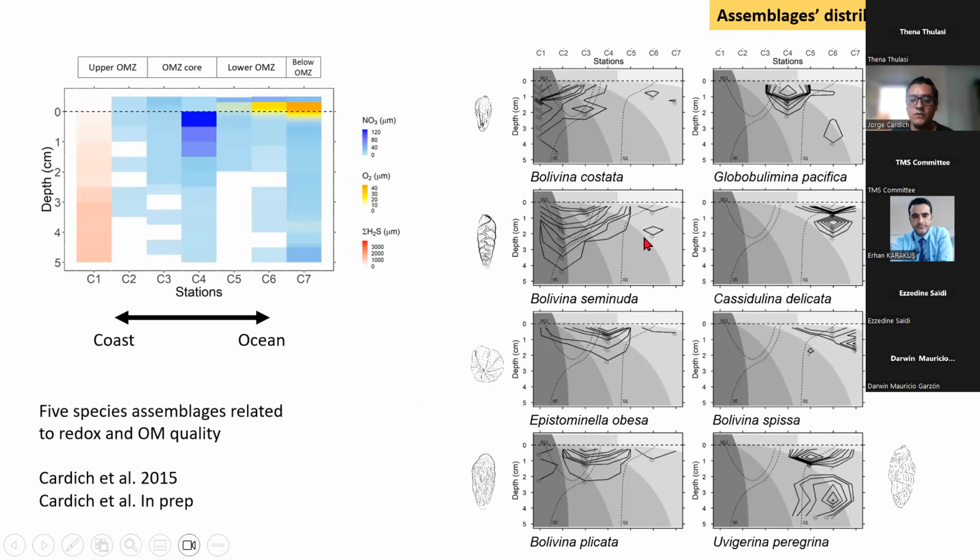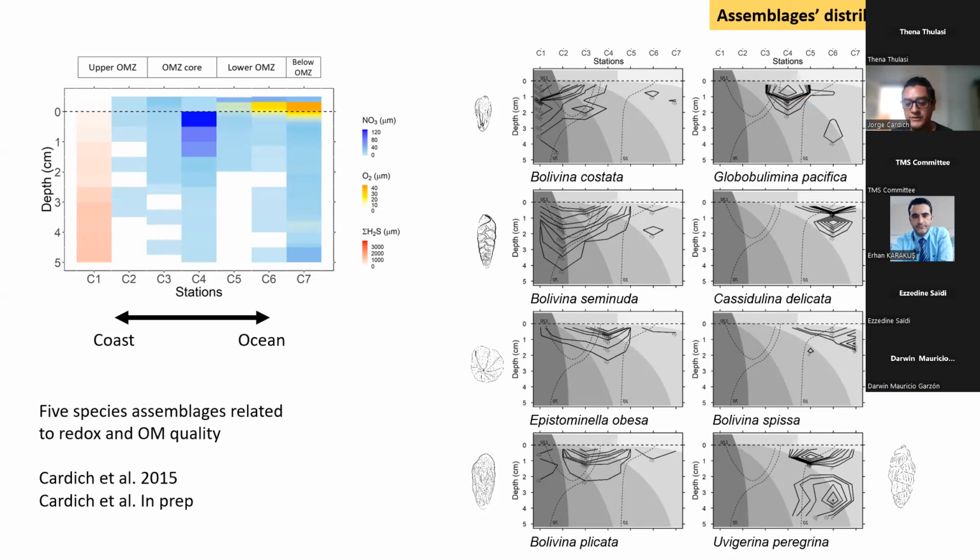So I work with these 2 species in the next figures, the final figures, because they are bolivinids, they are opportunistic genera. They live close to the sediment water interface. There are other species that are very abundant or important in this area, but they have different microhabitat adaptations or preferences.